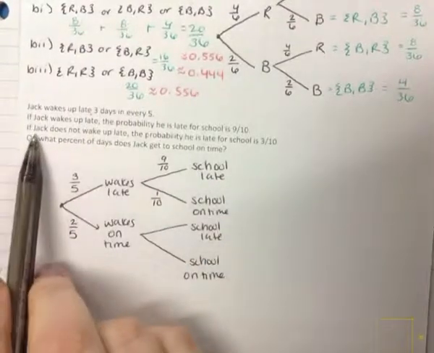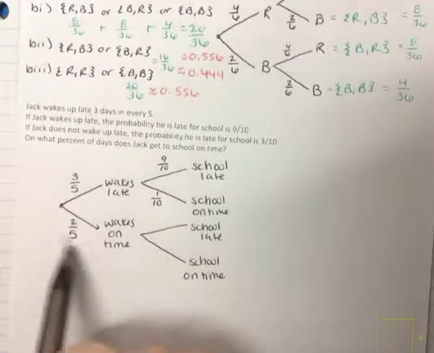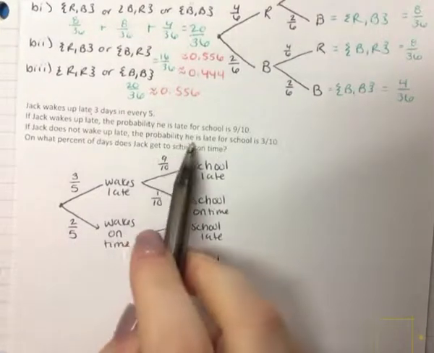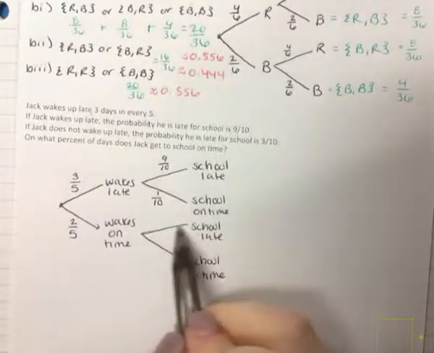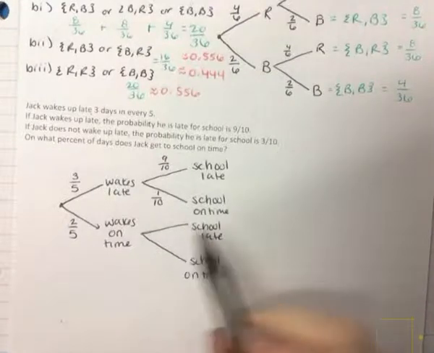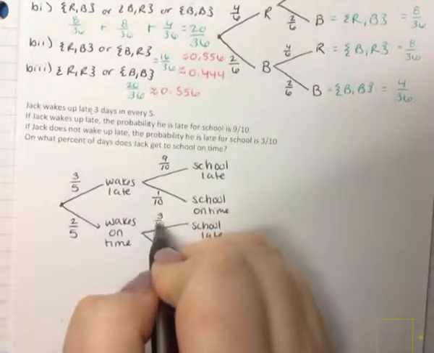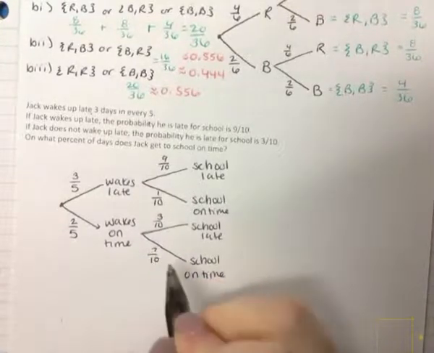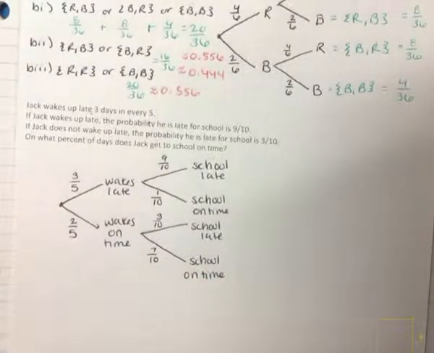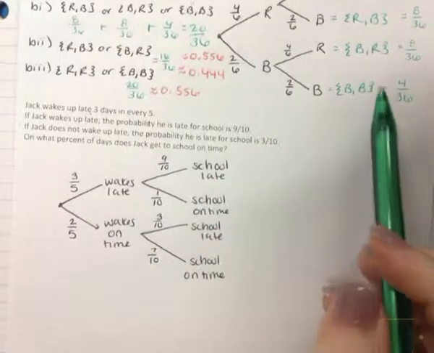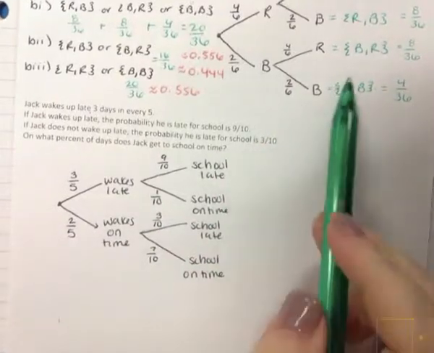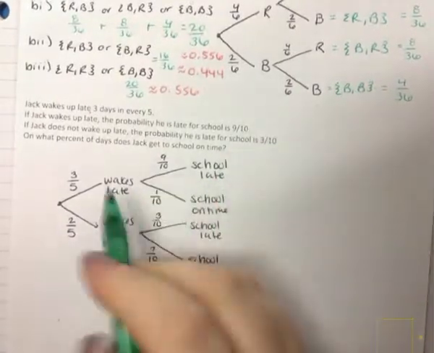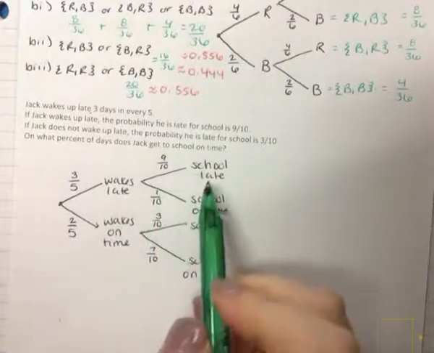The next line says if Jack does not wake up late, the probability he is late for school, so still going this way, would be 3 out of 10. So we'd put 3 out of 10 here. So then to get to school on time would be 7 out of 10. Then, the same way we did earlier, we can make our sets. It's kind of hard to write a set out when there's multiple things.